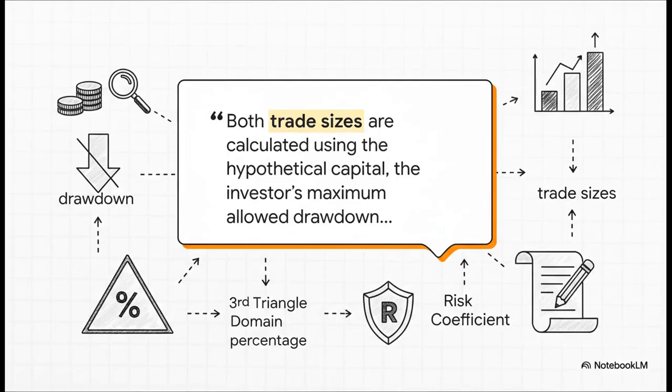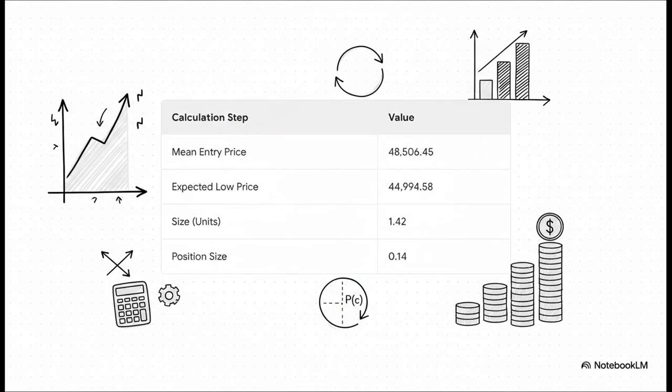So how do all those numbers actually get used? Well, the model documentation is very precise on this point. Both trade sizes are calculated using the hypothetical capital, the investor's maximum allowed drawdown, the third triangle domain percentage, the risk coefficient, and the contract size. Here's how that calculation plays out. The model first finds a mean entry price, sitting between M and PC.